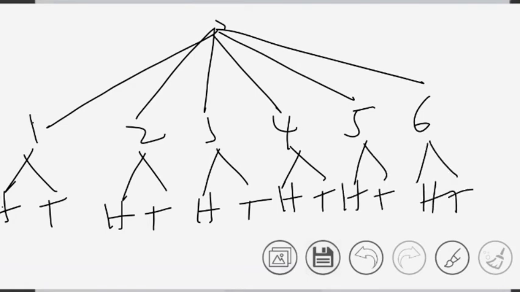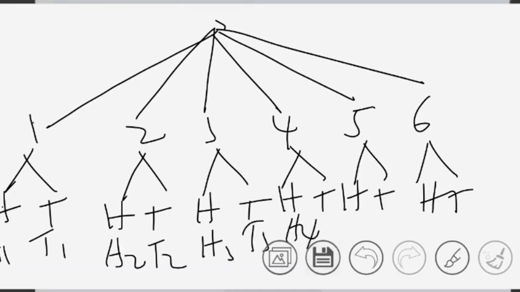On that note, I'll be having head 1, tail 1, head 2, tail 2, head 3, tail 3, head 4, tail 4, head 5, tail 5, head 6, and tail 6. That will be my sample space with respect to the tree diagram. So these are possible ways of getting that done.